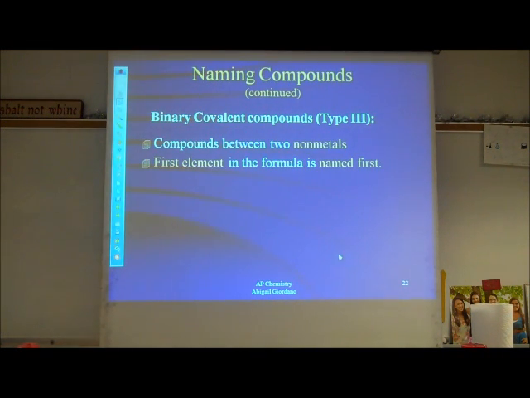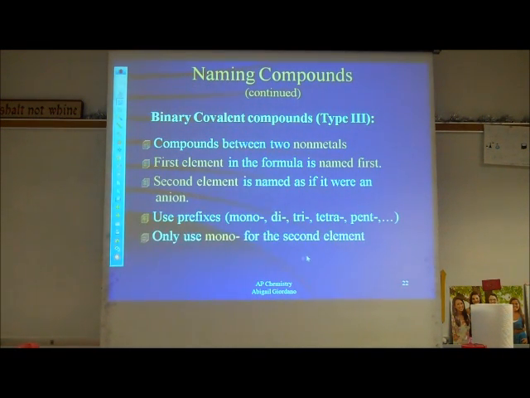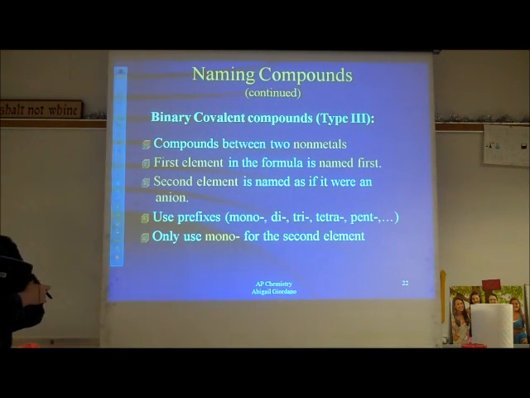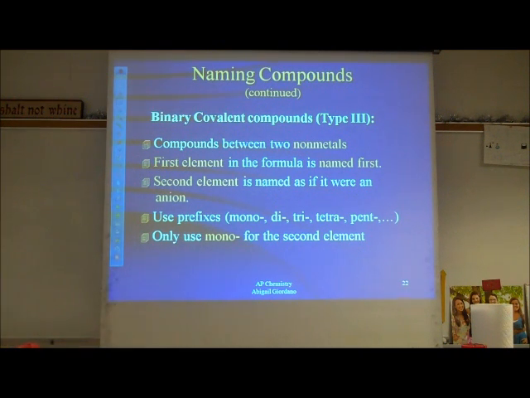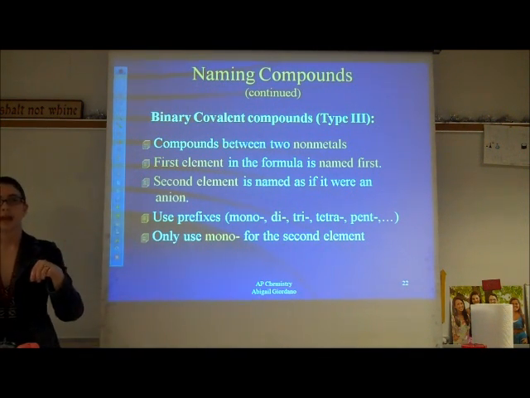Alright. Folks, this is the easier system. If you have a covalent compound, this is where you're using those prefixes: mono, di, tri, tetra, pent. What's the prefix for 6? Hex. 7? Hept. 8? Oct. 9?